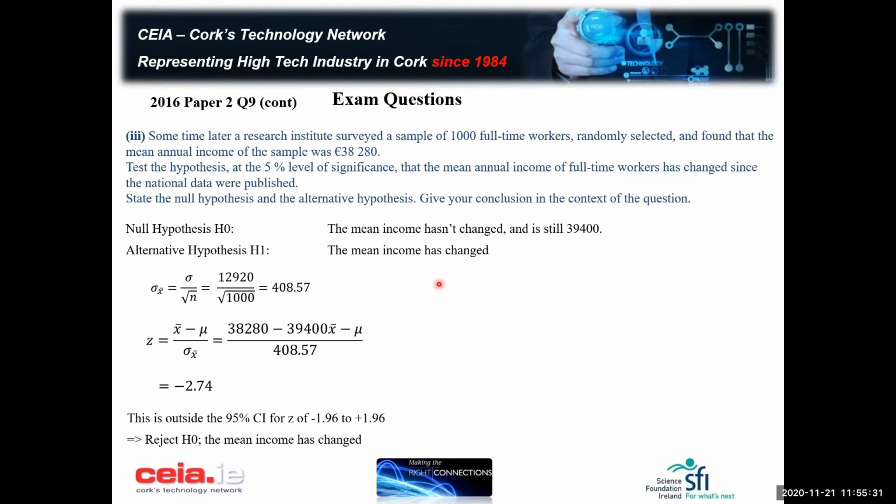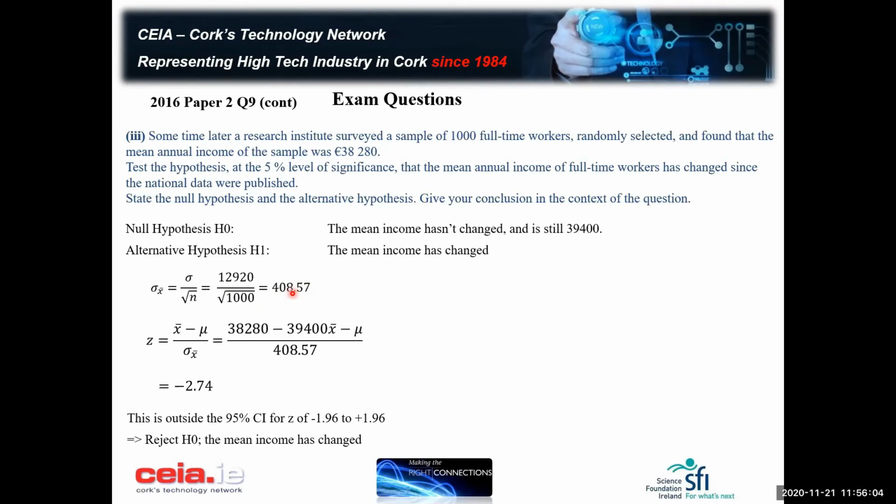Right, so let's look first of all at our sample data. Our sample data is, we've got a new sample mean of 38,280. We'd like to know what the standard deviation around that is. And that's given by the central limit theorem, sigma over root n. Root n here is root 1000. So the standard deviation of the sample means is 408.